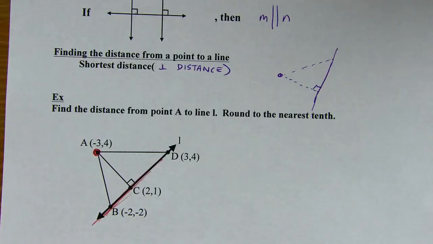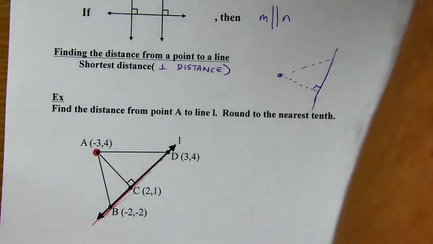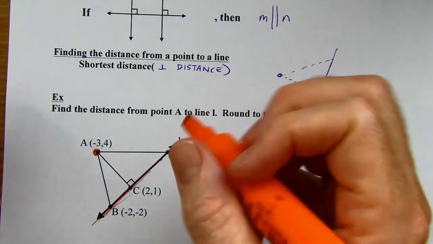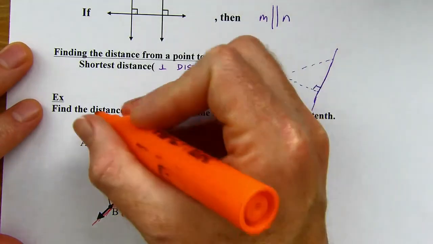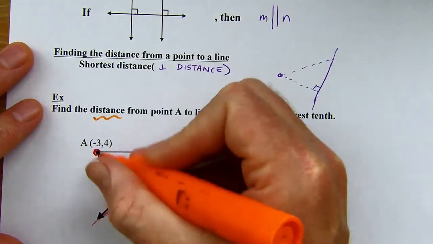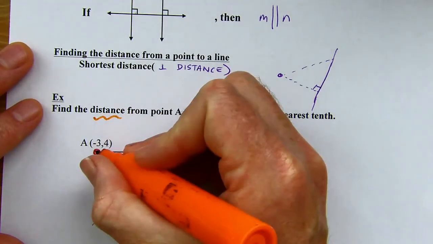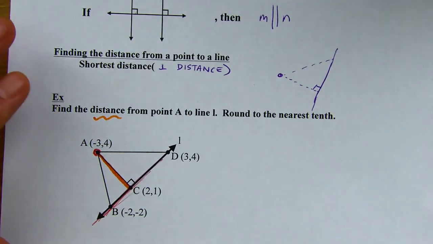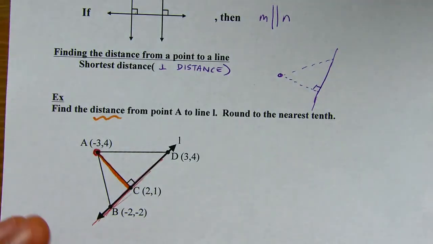okay? So we've got three different paths in the picture, and you just have to be able to recognize that when it says the distance, it means the shortest distance. You can make an argument it's any of those, but in a geometry book, the distance is going to be the shortest possible distance, and that's going to be the perpendicular one. So I'm only interested in AC.